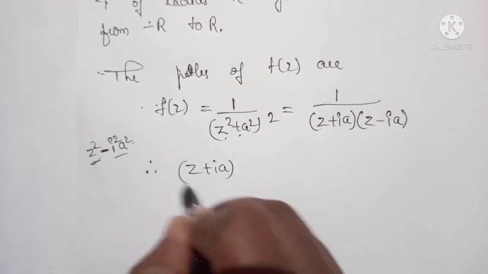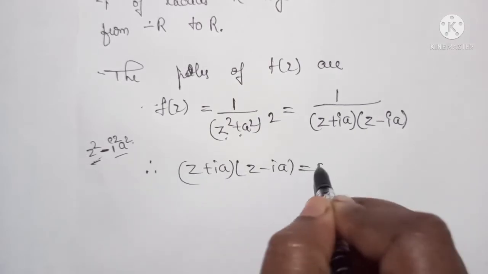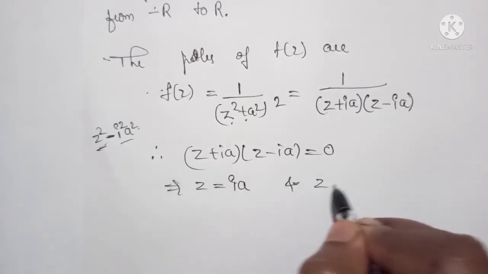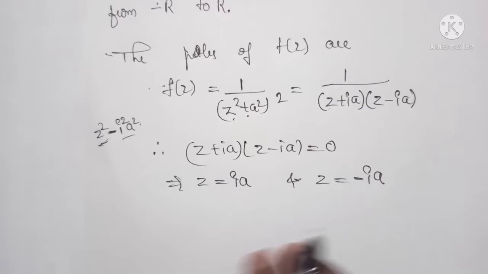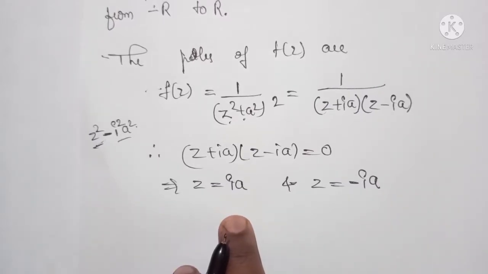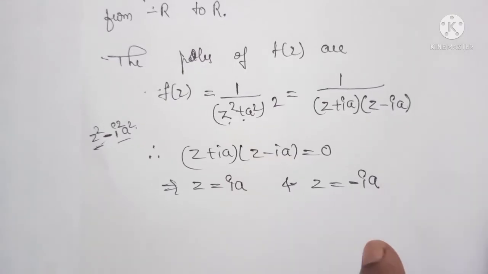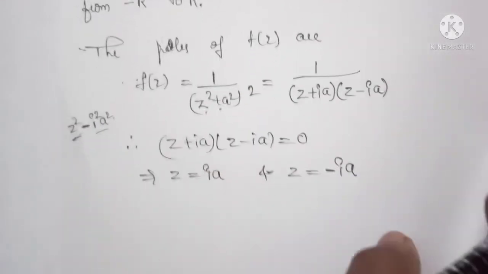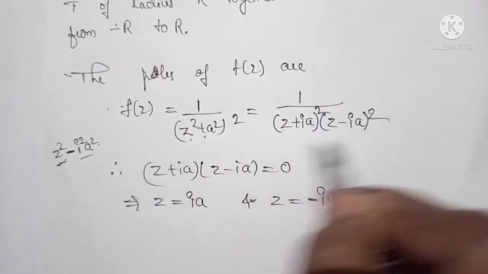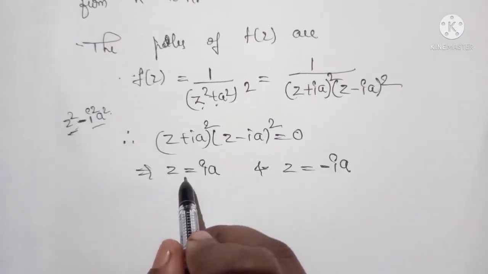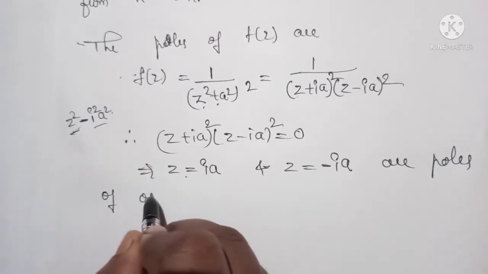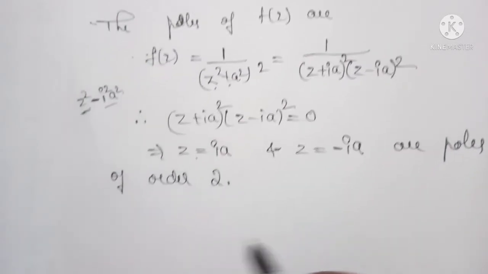Equating these to 0, we get z equals ia and z equals minus ia. Since we have the whole square, these two are poles of order 2.